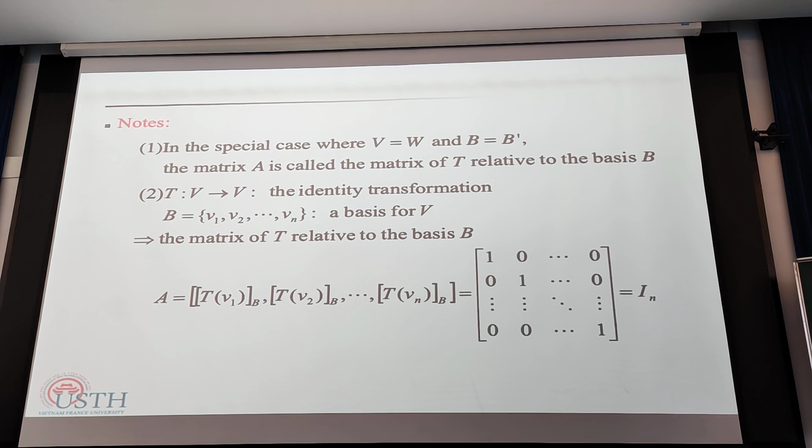An example: if T from V to V is the identity transformation and B is any basis for V, then the matrix of T relative to any basis B is always the identity matrix. You can verify it by yourself. Because it is the identity, the matrix is always the identity matrix.